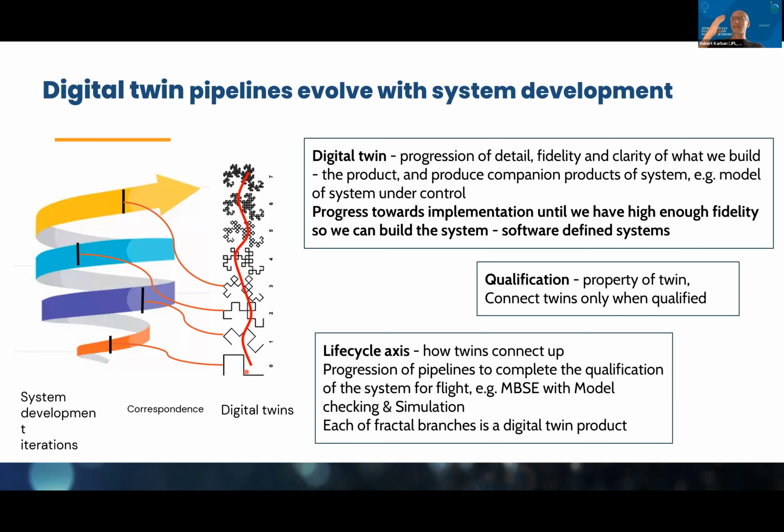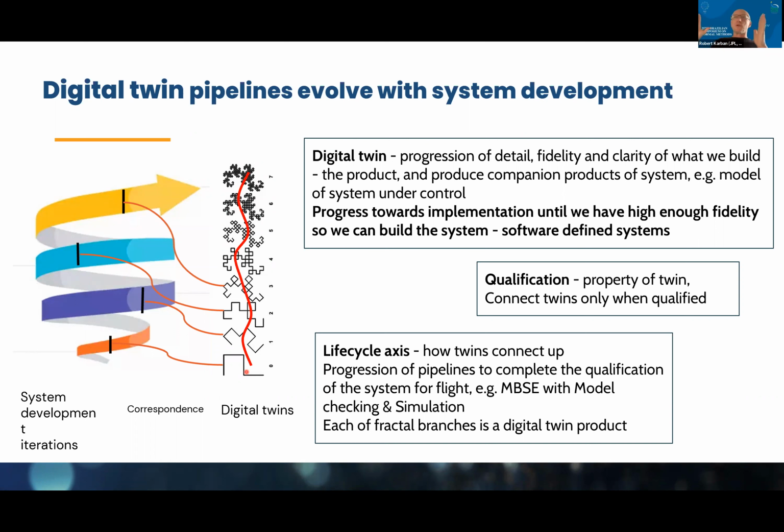So this is the concept that we are trying to implement, right? And there's a red thread going through those. So those are not disconnected pipelines, right? From the very beginning of the system development, it might be very simple, right? That's why we have only this simple fractal.